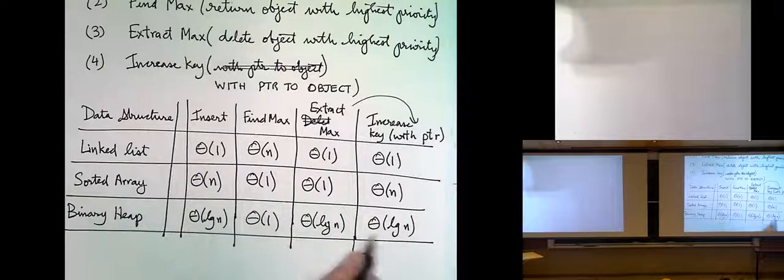Think of log n as almost like a constant, so small. So it gives you optimum fast performance for all the operations. Okay?